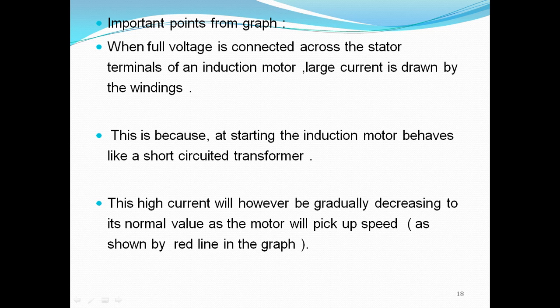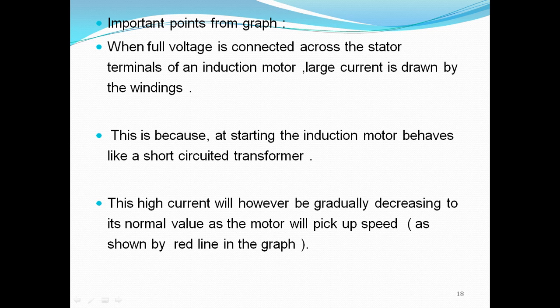Suppose you take the auto transformer. In the auto transformer starter, we will apply reduced voltage.